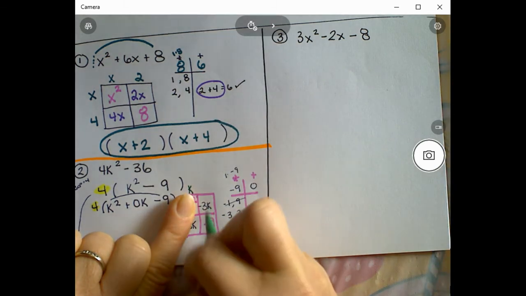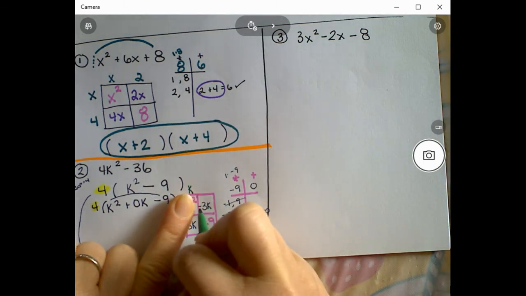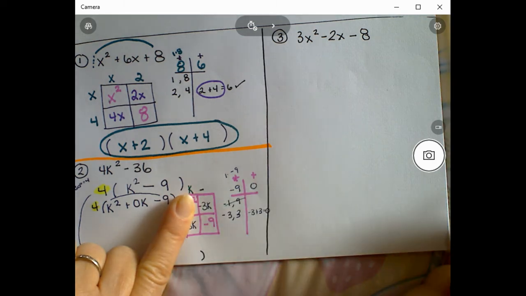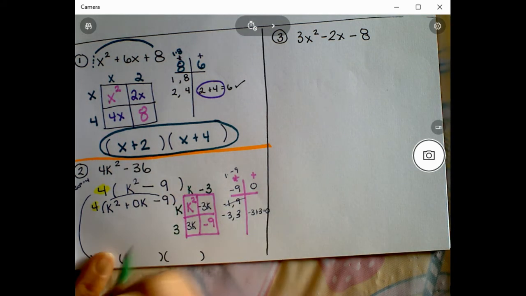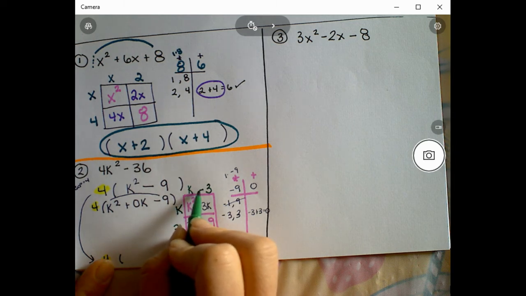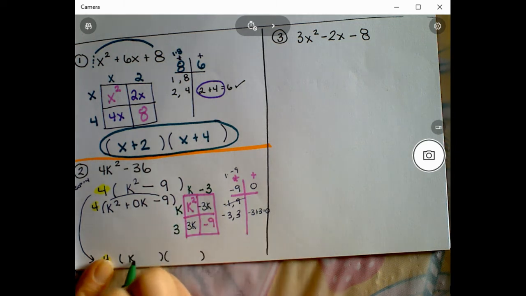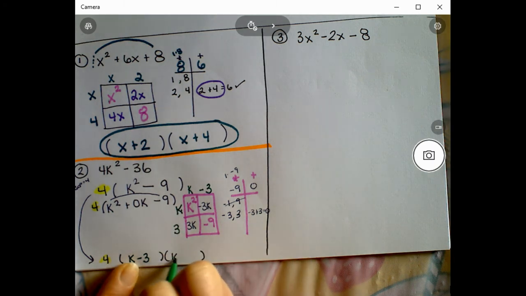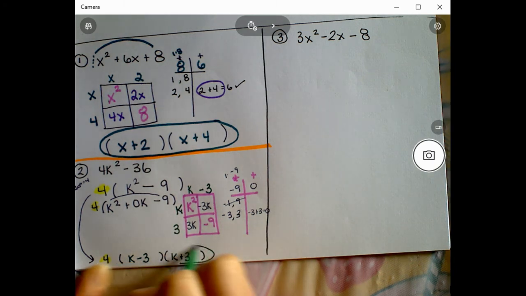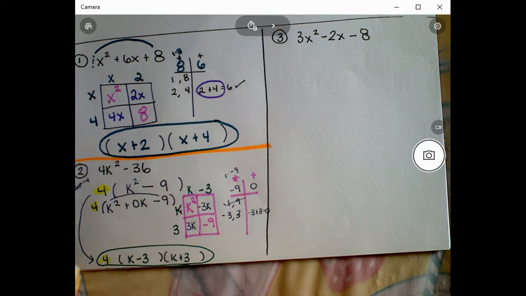And what is the GCF of these? Since this one is negative, it's going to be negative, and we can divide them both by 3. So over here, we're going to take k minus 3, k plus 3. And that is the answer, factored completely.